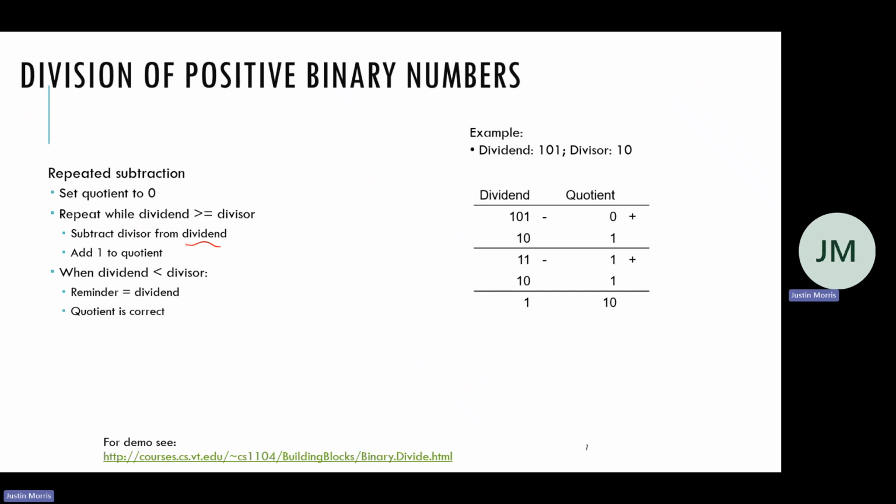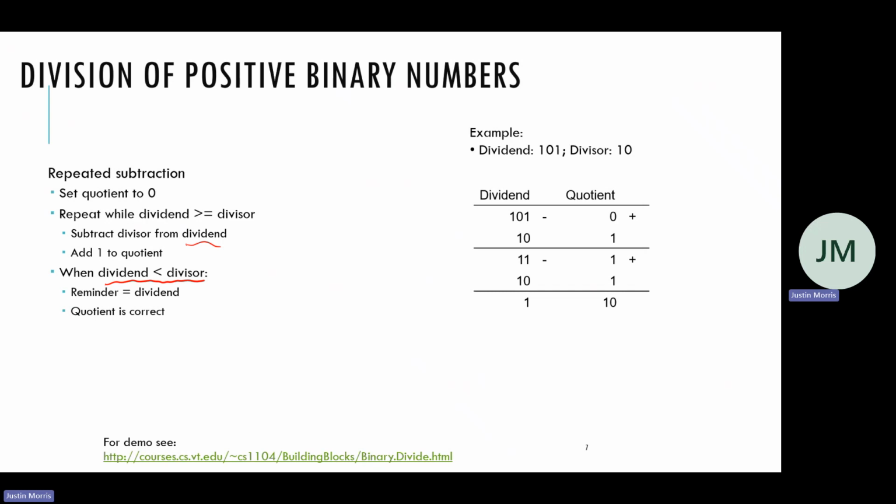So now I've subtracted 2 times this number from the dividend, and I keep doing that until the dividend is finally less than the divisor. Once the dividend is less than the divisor, then I cannot subtract any more of it, right?